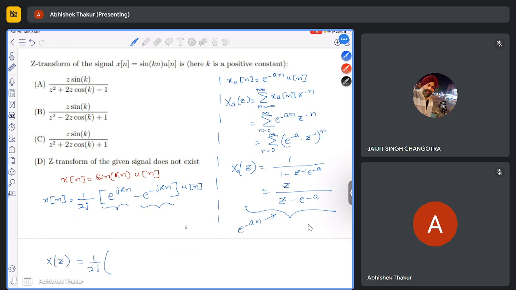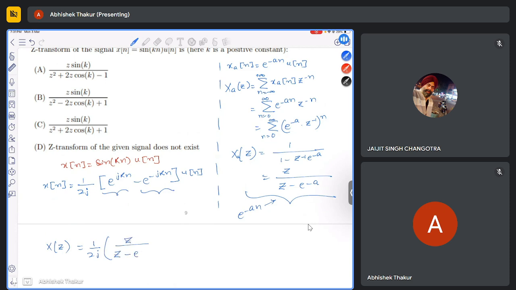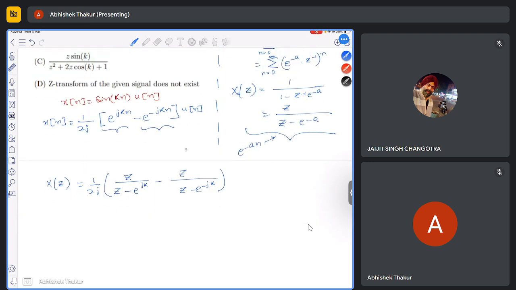Similarly, for e to the power of jkn, the z transform will be z divided by z minus e to the power of jk. If it is minus a n, then we take the constant, the term multiplied with n. So here it will be z by z minus e to the power of jk minus z by z minus e to the power of minus jk.